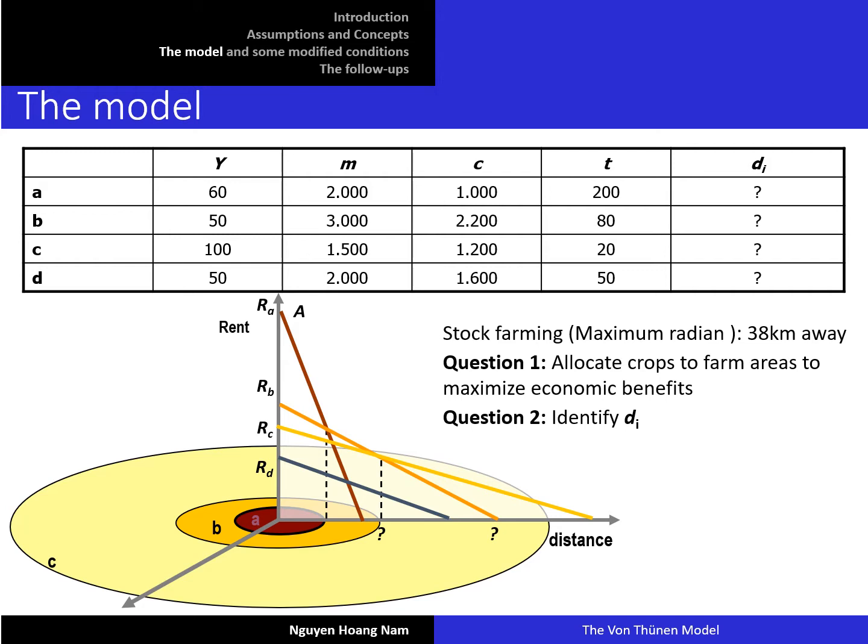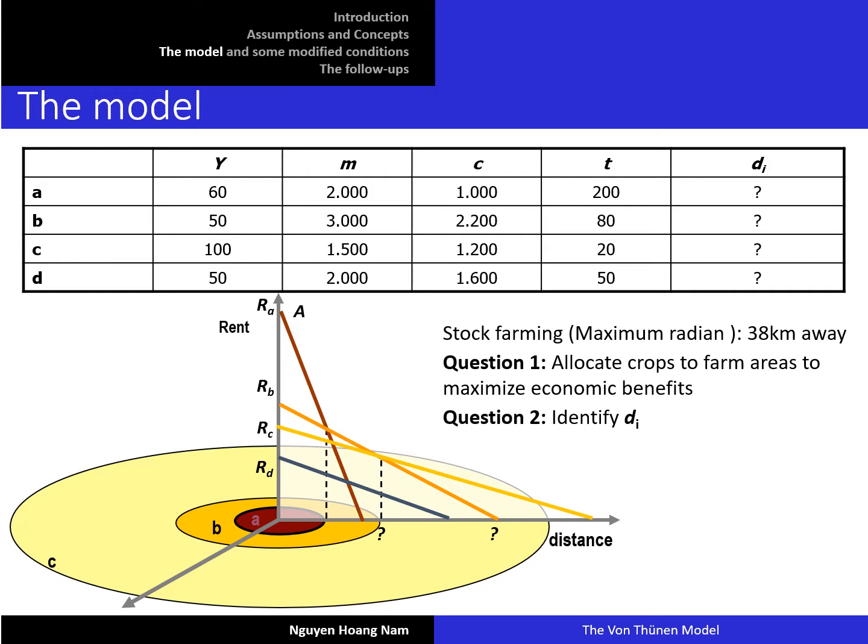So the correct order, or as we often say here, the initial order for question 1, would be crop A closest to the city center or to the market, then B, then D, then C. So the answer to question 1 is crop A, then crop B, crop D, and crop C. Let us continue with question 2.